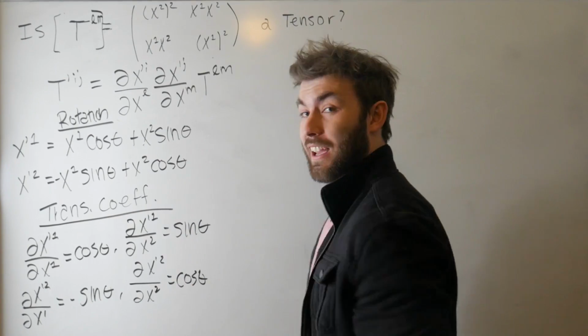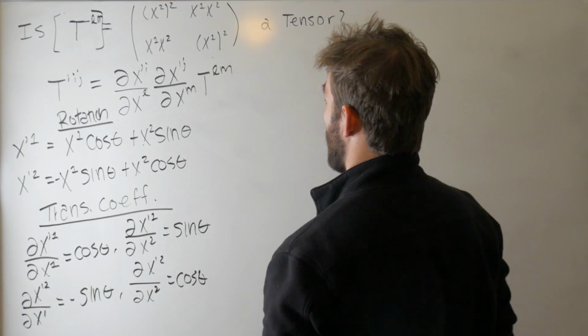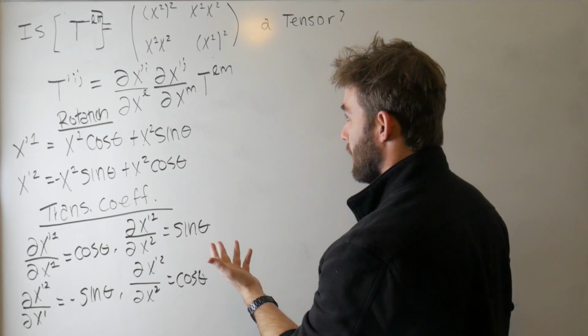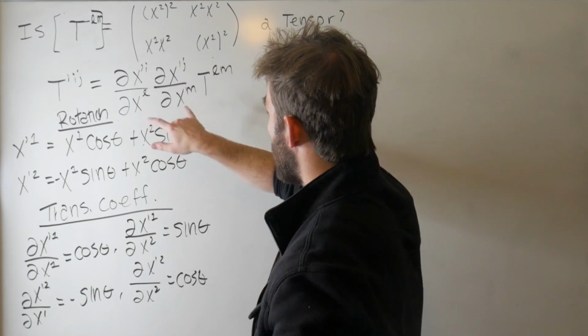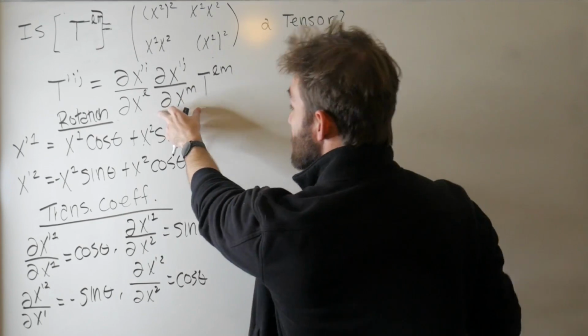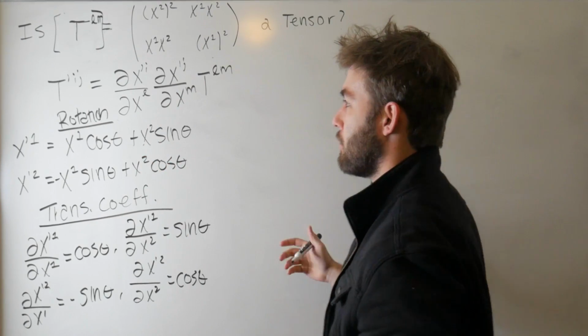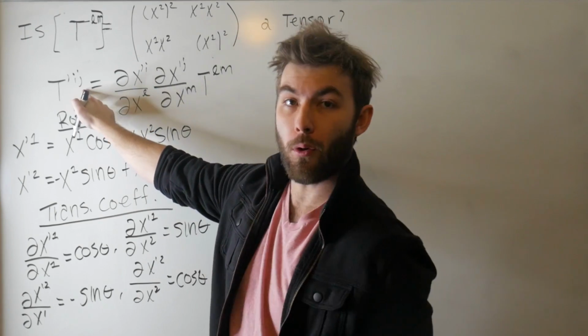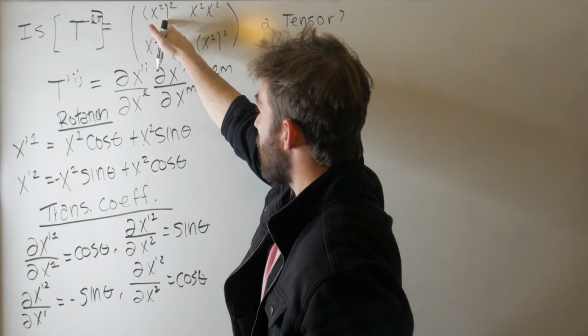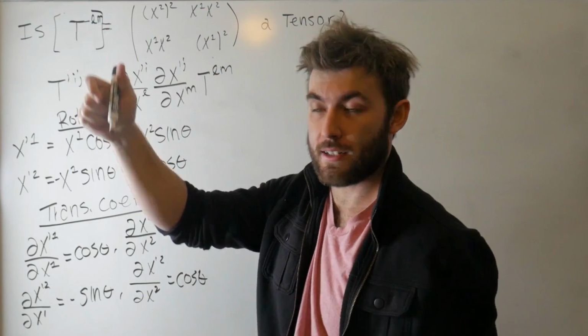Great. And we actually have all of the pieces already to find out if these components transform as tensors. So let's go ahead and do this. Like I said, we're summing over L and M, so we're going to have four terms to calculate here. So say we want to calculate the 1, 1 component in the primed frame. Let's see if the 1, 1 component in the unprimed frame transforms as a tensor.